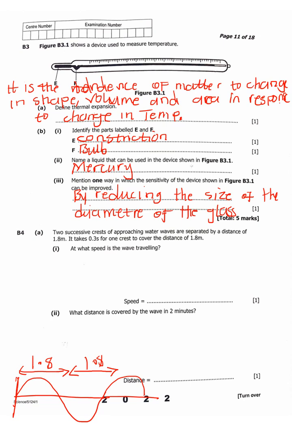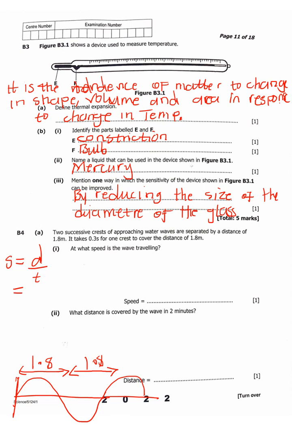So now let's look at the first question. The question is, at what speed is the wave traveling? So speed, here we have distance and time. So we are not going to use speed is equal to frequency times wavelength. No, we don't have the frequency. So we can use this formula. Speed is equal to distance divided by time.